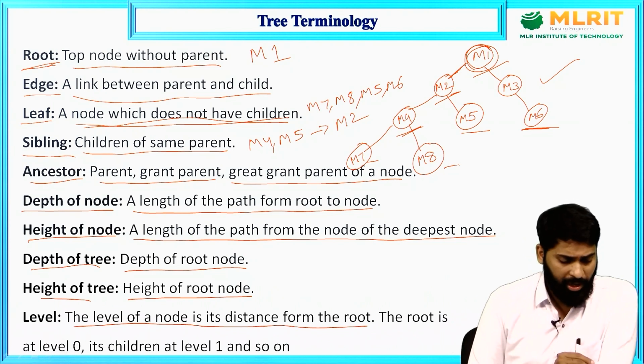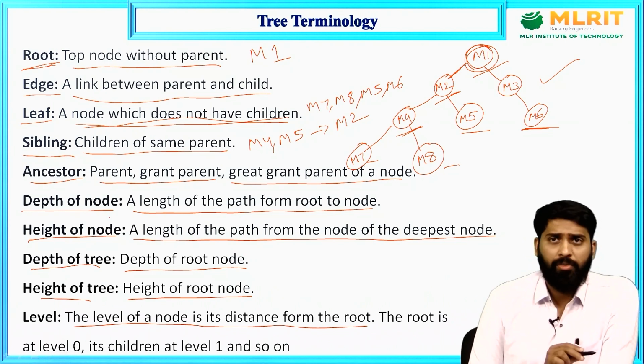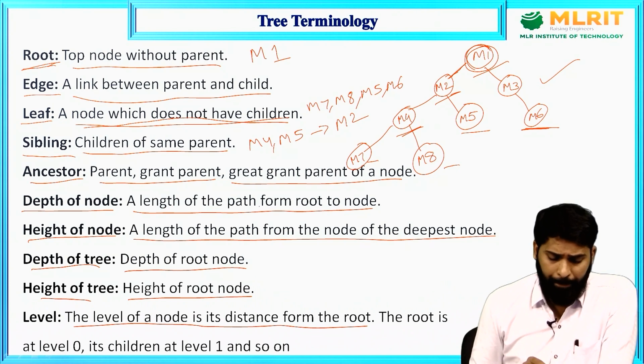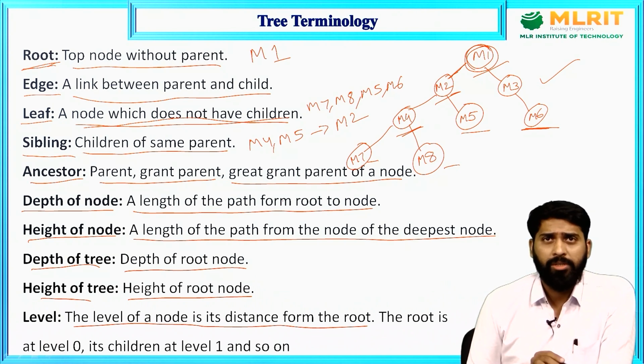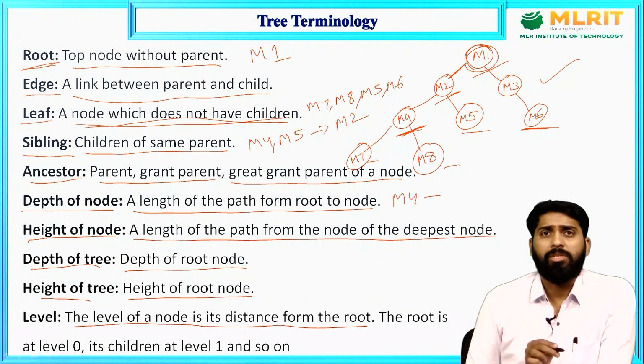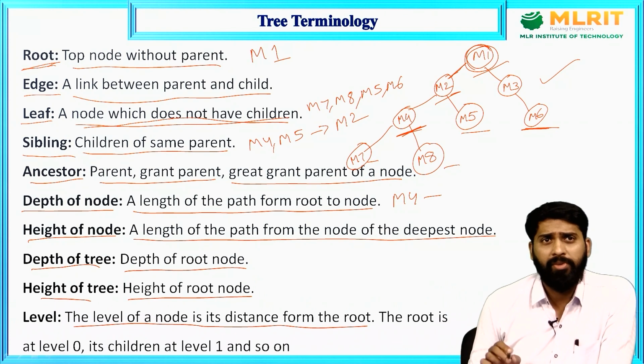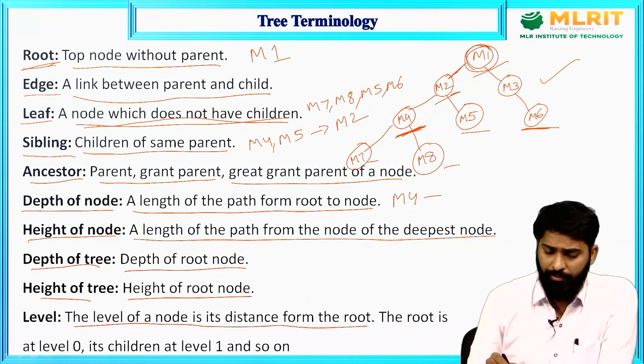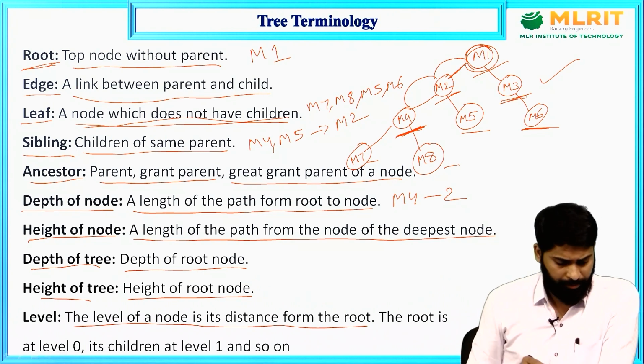So depth of node. What is depth of node? A length of the path from root to node. For example, consider M4. What is the depth of M4? The depth definition is the length of the path from root to node. Here, for M4, the root is M1. So the depth is 2. Now height of a node. What is the height of M3?